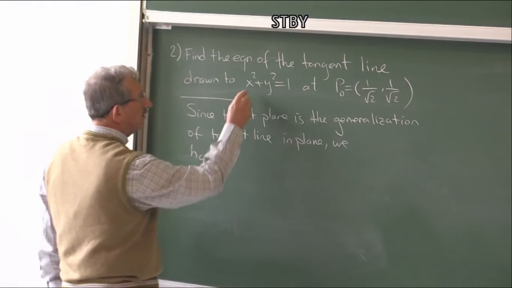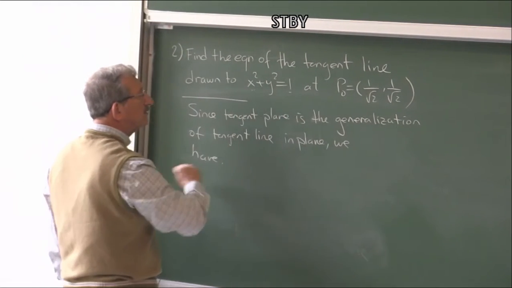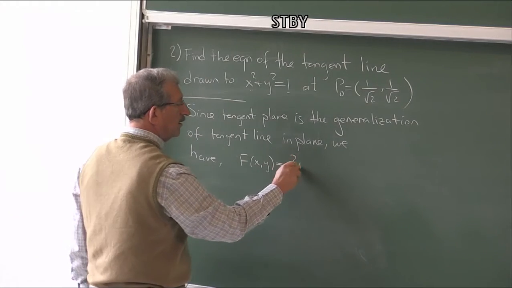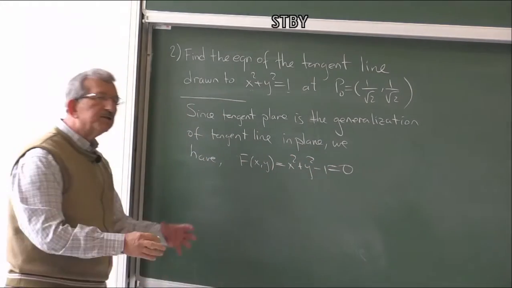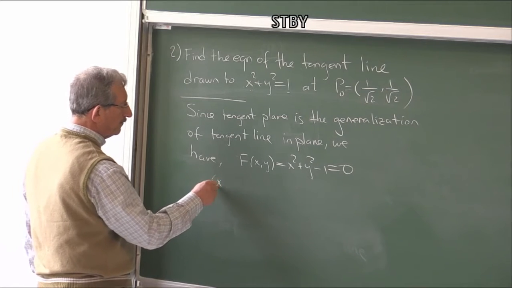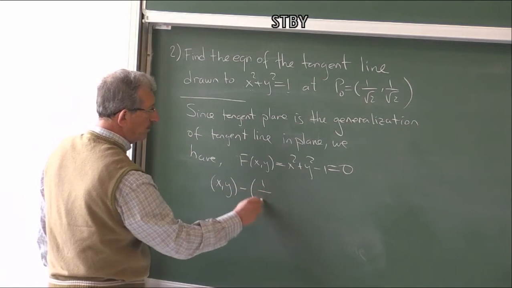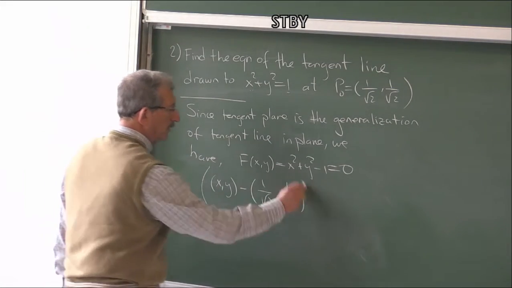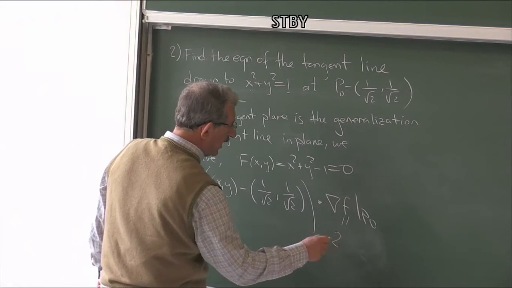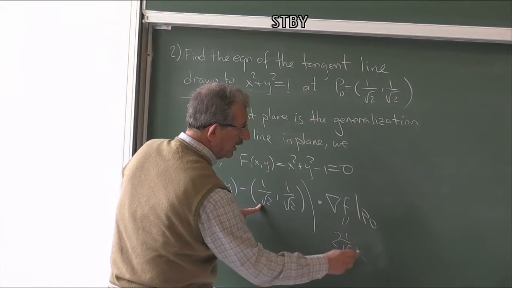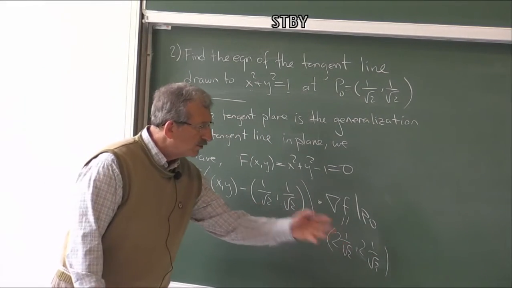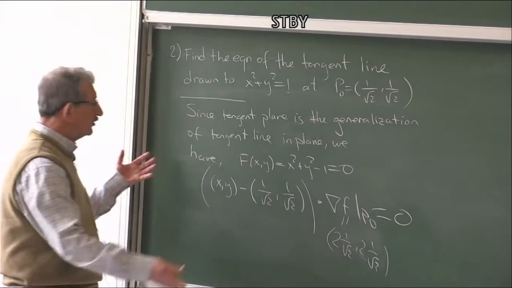In other words, here, if we say this is the function f of x, y, and it gives the implicit formulation for the circle, then we have p minus p0 dot the gradient of f at p0, which happens to be 2x and 2y, well, x, y are 1 over root 2, so 2 over root 2 each, and this is equal to 0. So this is the equation of the tangent line.